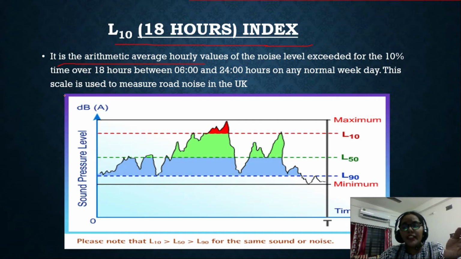Whatever the permitted value, it will exceed that permitted value up to 10% of the time over 18 hours, from 6 a.m. to 12 p.m. So for this duration, what is the arithmetic average of hourly values of the noise level which is greater 10% of the time.